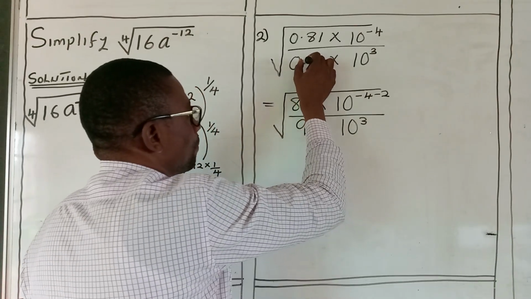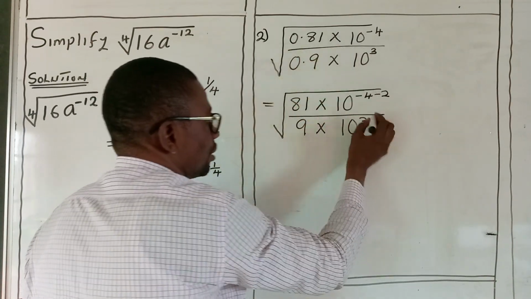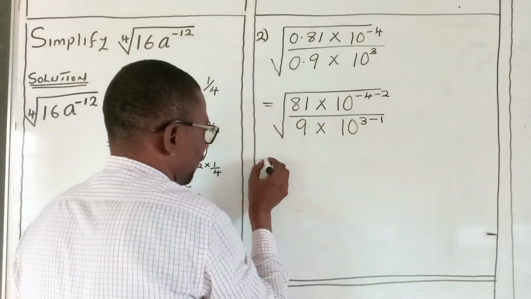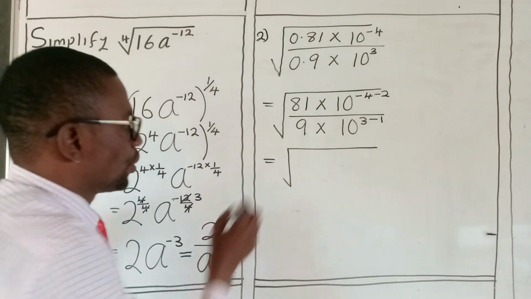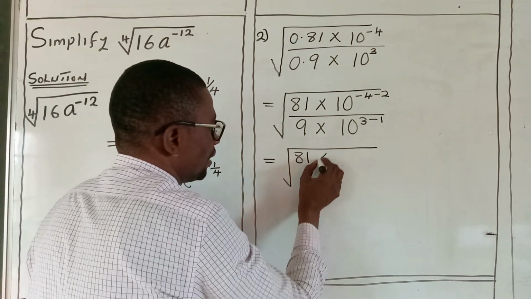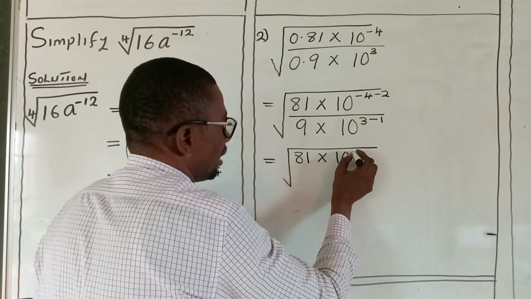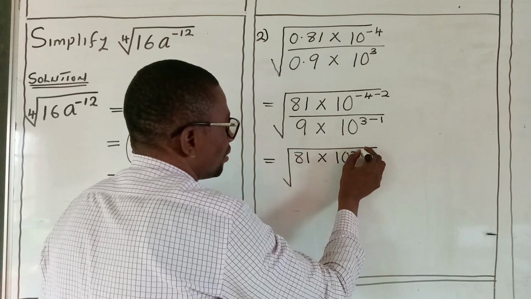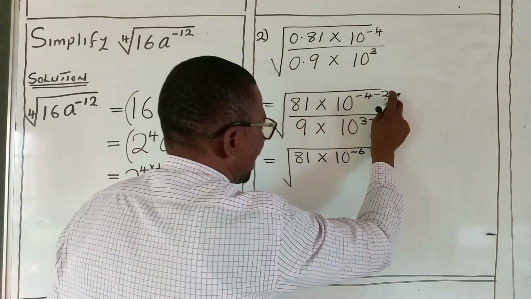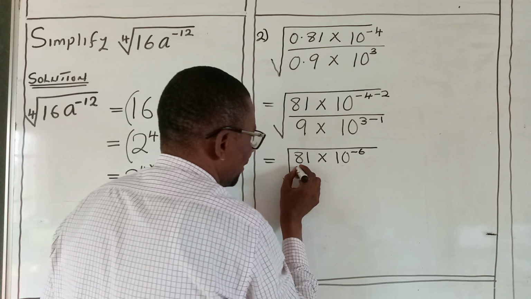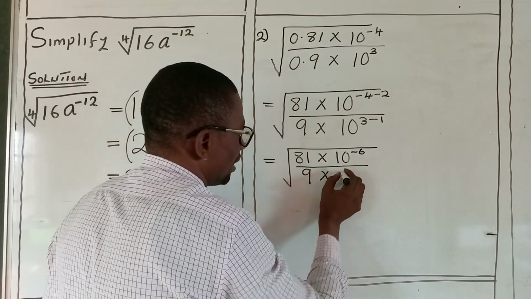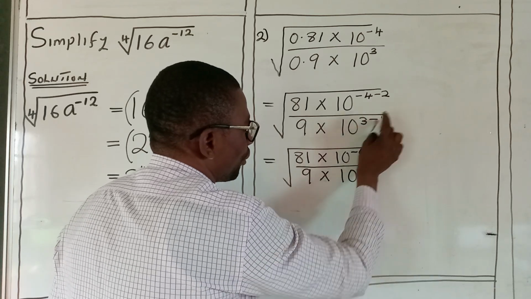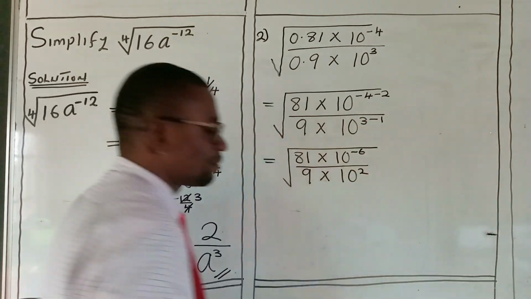How many times do we move the point out? 1. So minus 1. Then that will now give us 81 times 10 raised to power minus 6, minus 4 minus 2 is minus 6, divided by 9 times 10 raised to power 3 minus 1, 2.